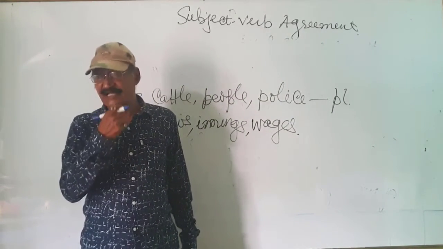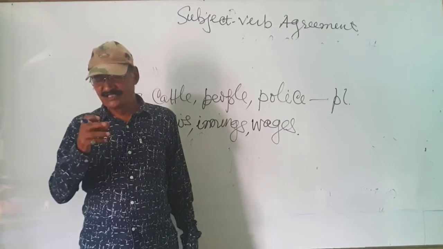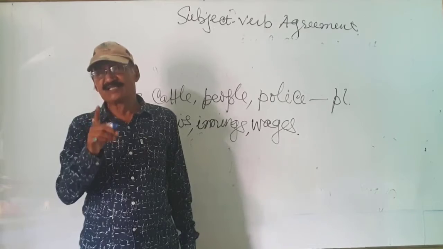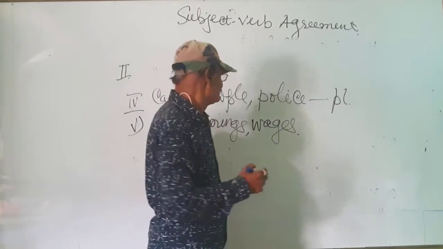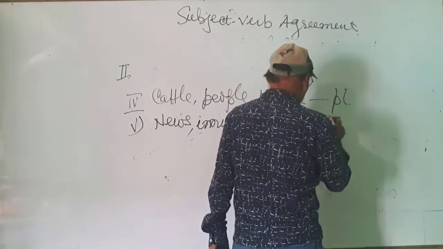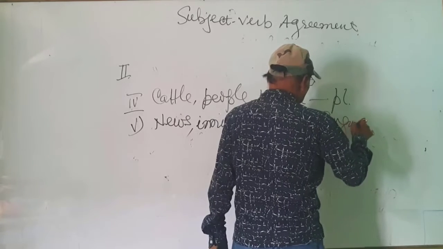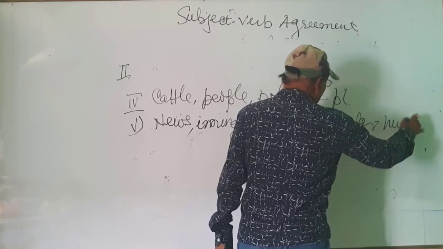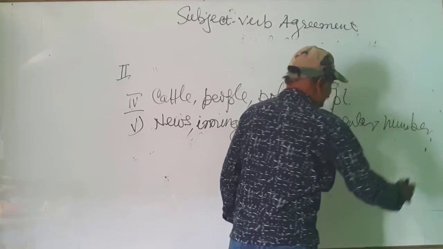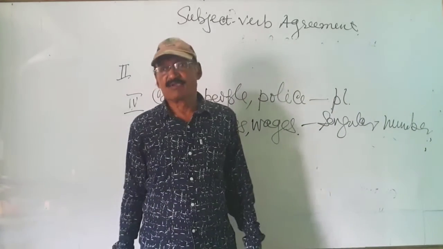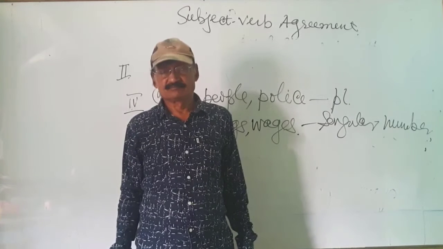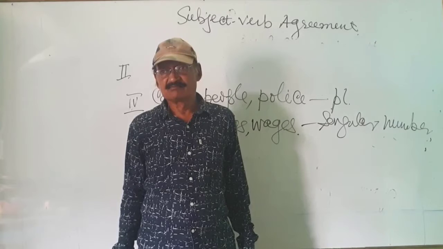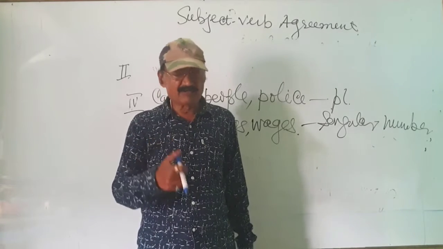Is can be used there. So these three words, news, innings and wages, can always be used in the singular. Did you get the point? We can't use them in the plural way.